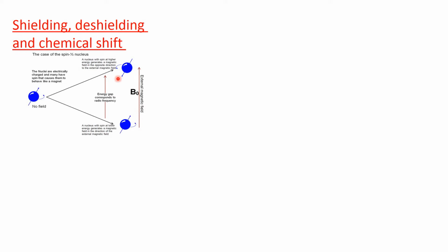In the other orientation, where the magnetic moment is opposite to the applied magnetic field, that is the higher energy state or higher spin state. Lower energy state we denote as alpha, higher energy state as beta.